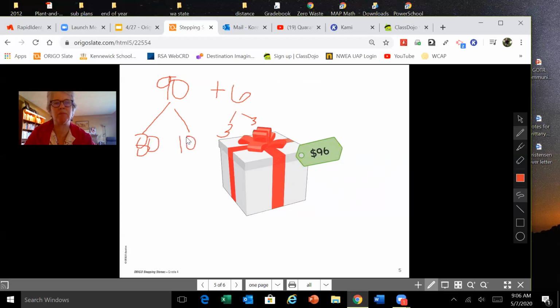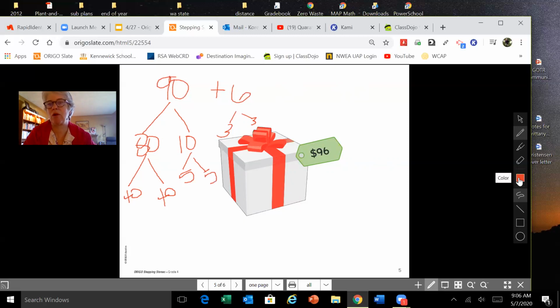And some of you might be going, Miss B, I can do this a simpler way. I love that. So I can see that if I divided 80 into 2, I would get 40 and 40. 40 plus 40 equals 80. And then 10, if I split it in half, would be 5 and 5. And then what I'm going to do is I'm just going to gather up.